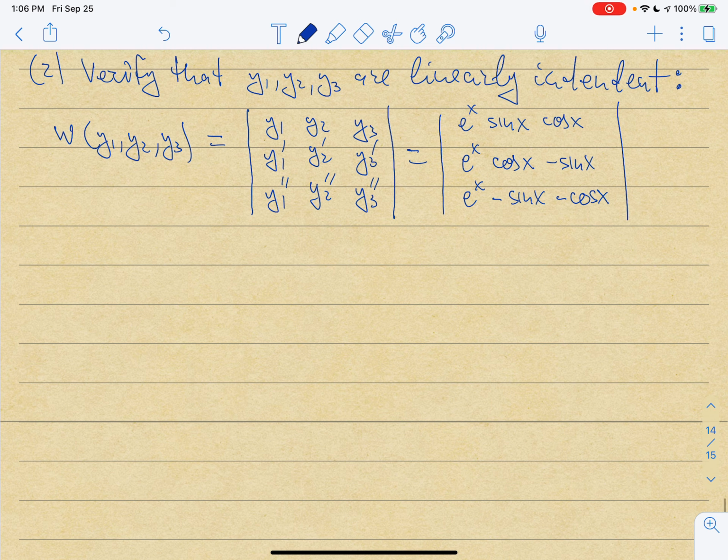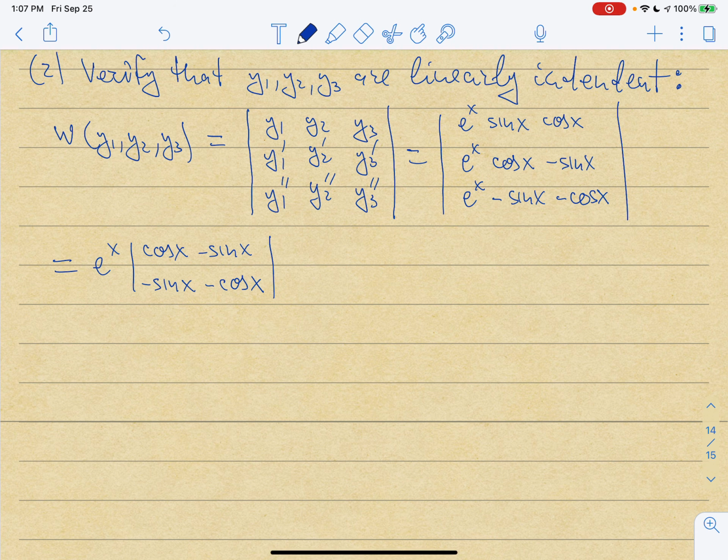Okay, so this is a determinant that we have to compute. So it is going to be e to the x times the determinant of cosine x, minus sine x, minus sine x, minus cosine of x.